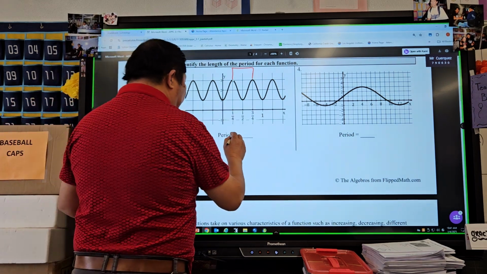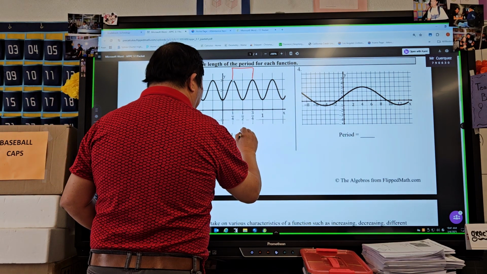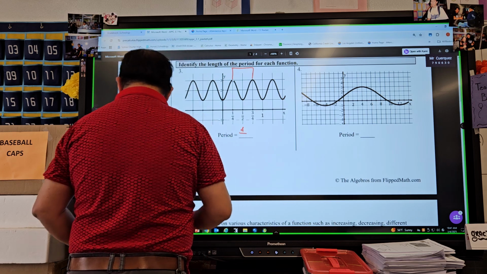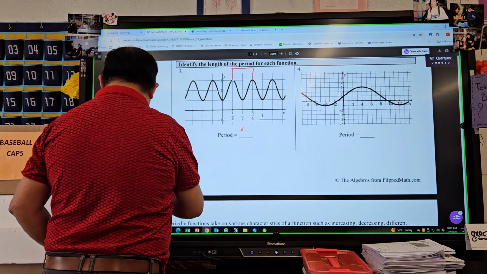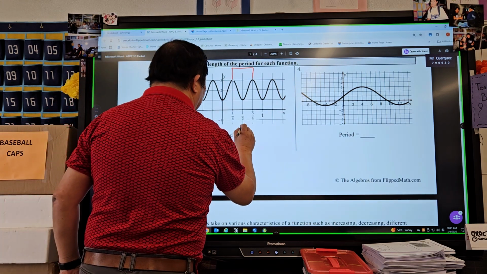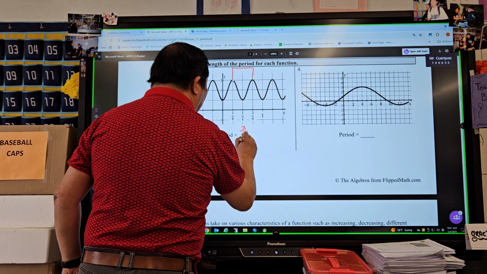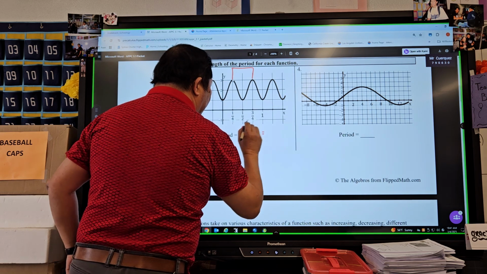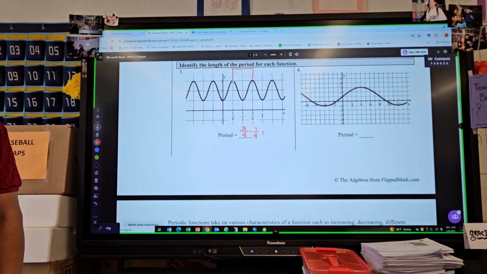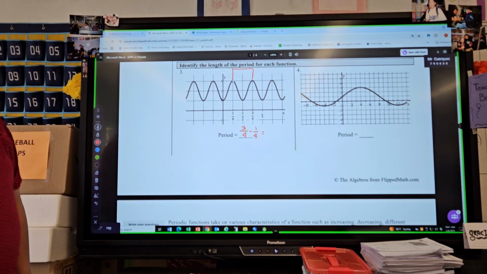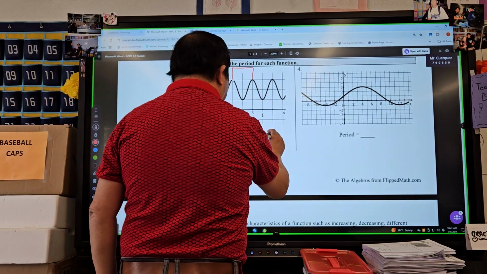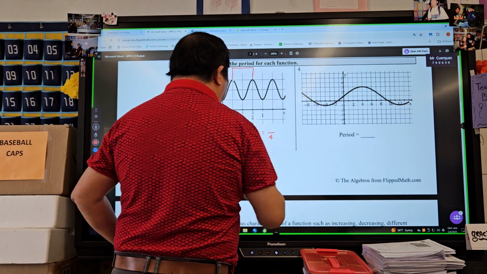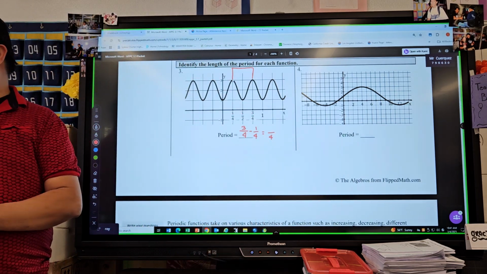So the period is 3/4 minus 1/4. The common denominator is 4, so we have 4, and then we subtract 3 minus 1.